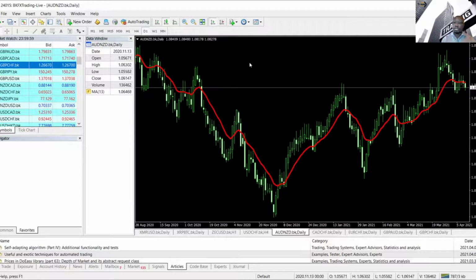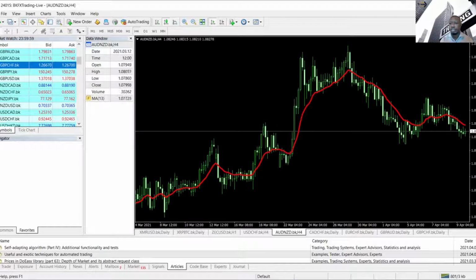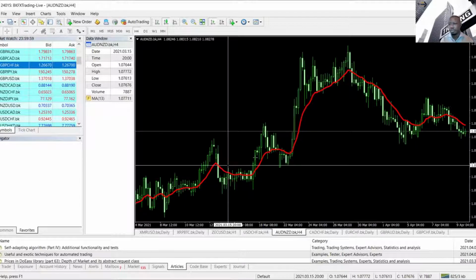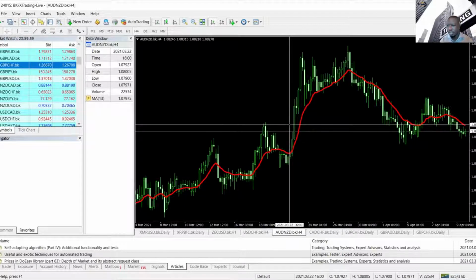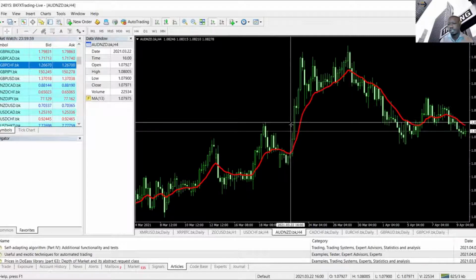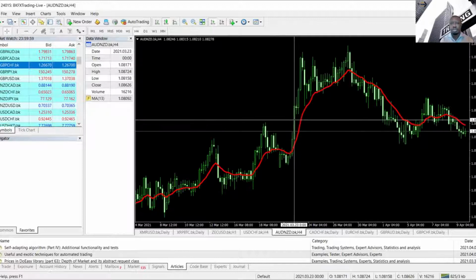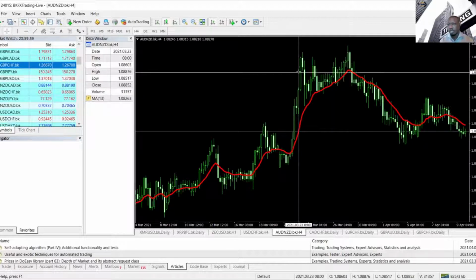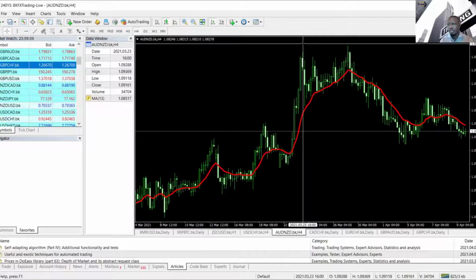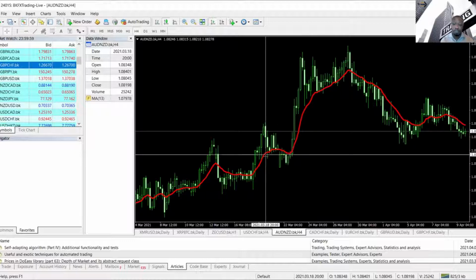As we have also observed here, the sellers tried to force it down, but the buyers came in and pushed it up. So we will be coming to the 4-hour chart, looking for a point of entry, and we'll be buyers at 1.08366. We believe that the Australian dollar will continue gaining strength. I'd say we take profit at about 1.09483. That will be where we take our profit for that pair.